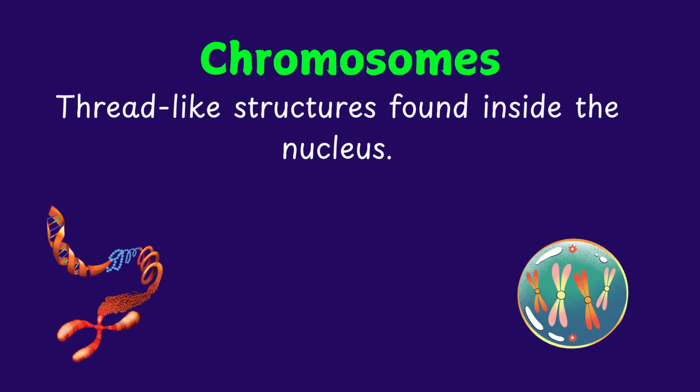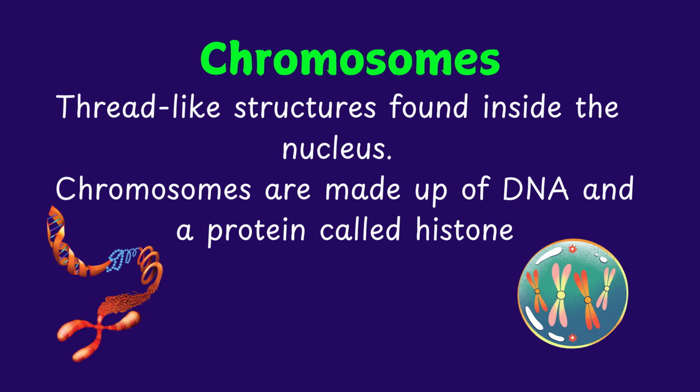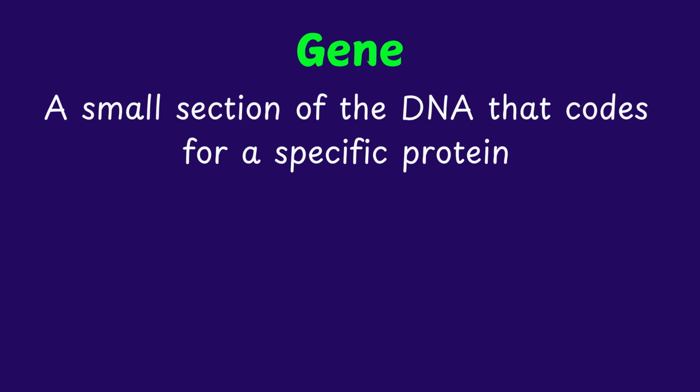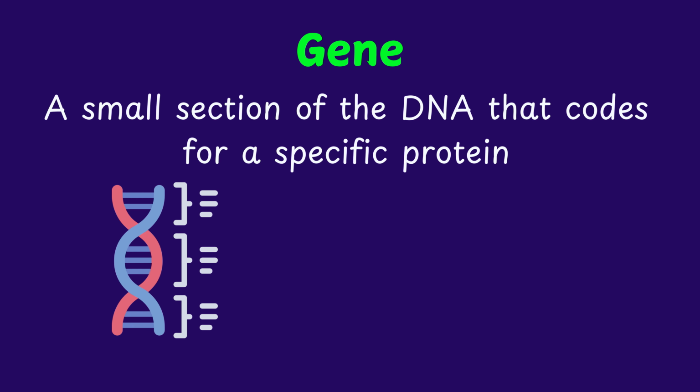The chromosomes are thread-like structures found inside the nucleus. The chromosomes are made up of DNA and a protein called histone. Along your DNA, students, you'll find your genes. A gene is a small section of the DNA that codes for a specific protein. So for example, if this is your DNA, this would be gene 1.